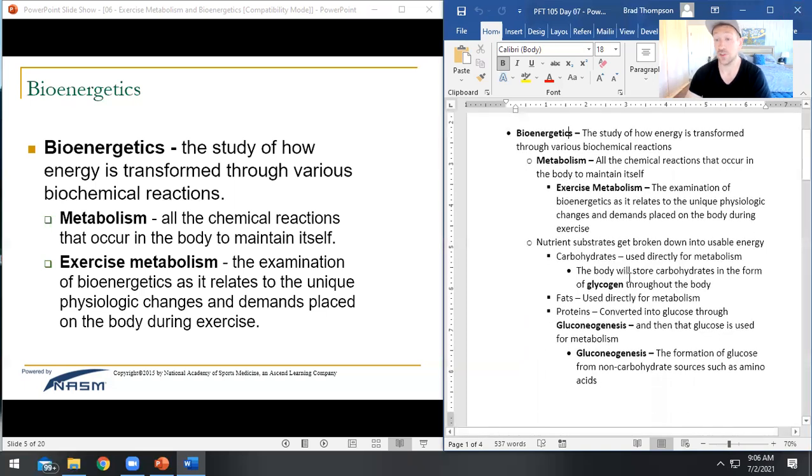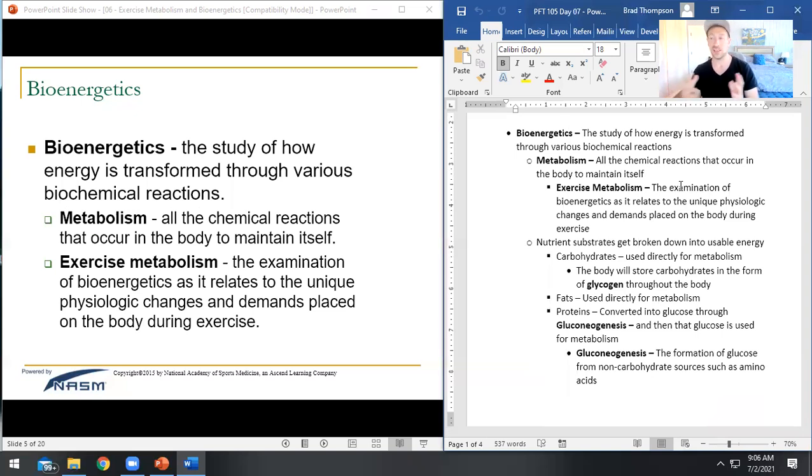Looking at our first key definition here, which makes a great test question, they want you to know this definition. What is bioenergetics, right? Bioenergetics is the study of how energy is transformed through biochemical reactions. So when we're talking about taking in proteins, fats, and carbs and spitting out an energy that we are able to utilize in the form of ATP, right?